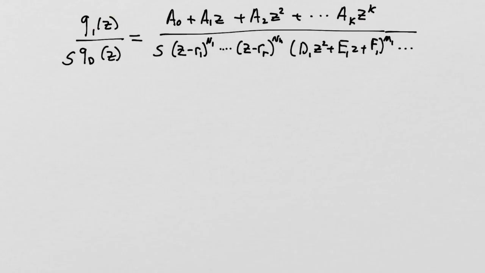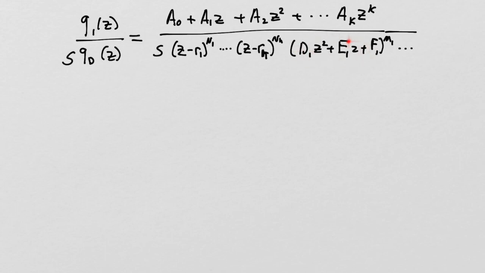But for the term in the denominator, instead of breaking it up into its polynomial, we're going to assume it's been factored. So whatever polynomial this QD is, it's got real roots R1 through R sub H, and the multiplicity of each of those roots is N, so root R1 has multiplicity N1, root RH has multiplicity NH.